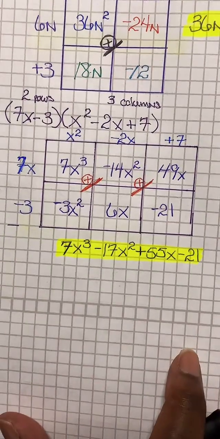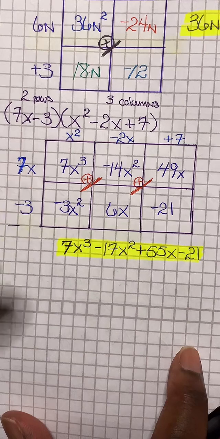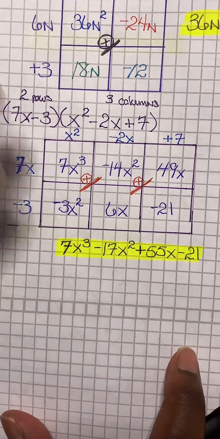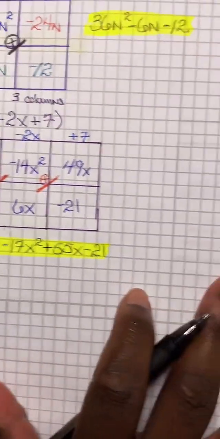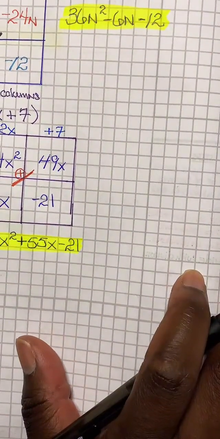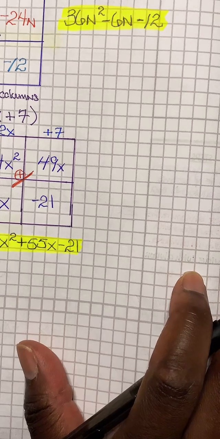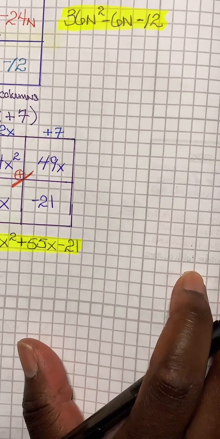But see, that's the best thing about the box method. It doesn't matter if you have a monomial with a binomial. Like, think of that first one that we did. Well, probably not the first one that we did. That was a little cray.